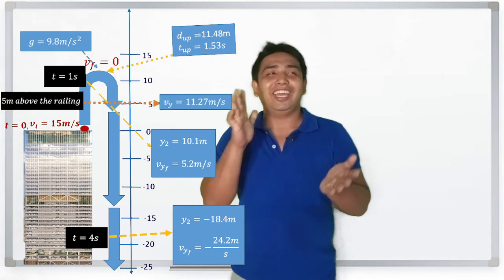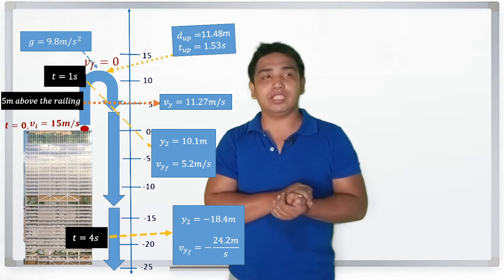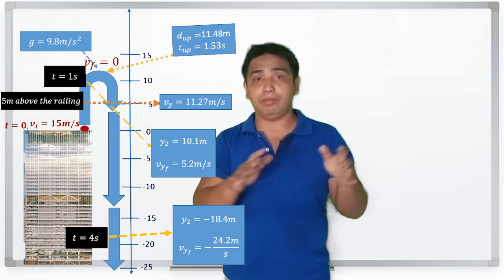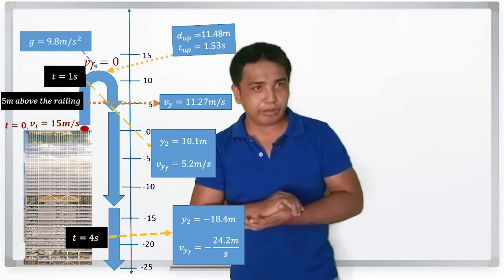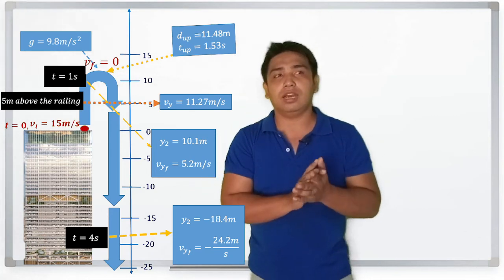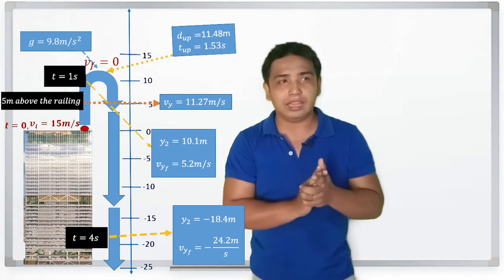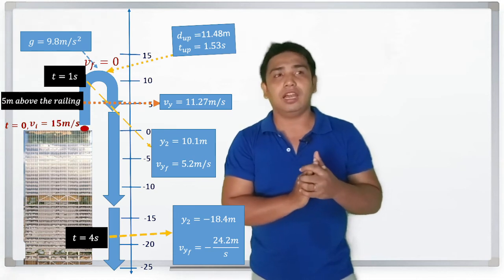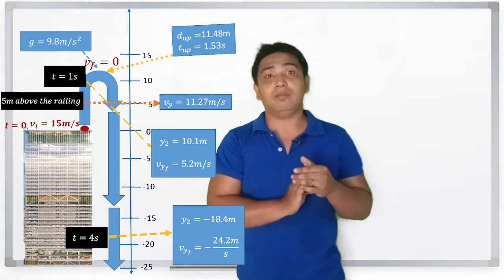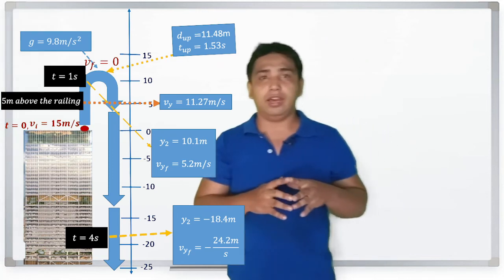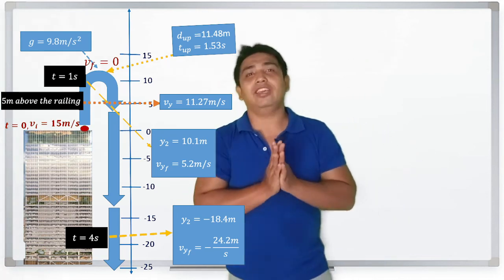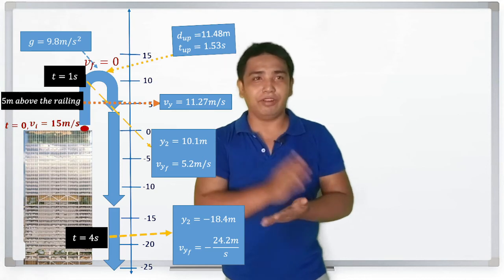You are asked to find the velocity of the ball when the ball is 5 meters above the railing, and you were able to find it, and that's very good for you guys. You were able to calculate that its velocity is 11.27 meters per second. So that concludes our problem solving in free fall motion.